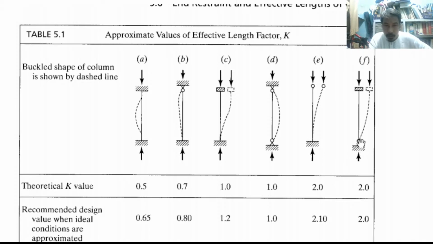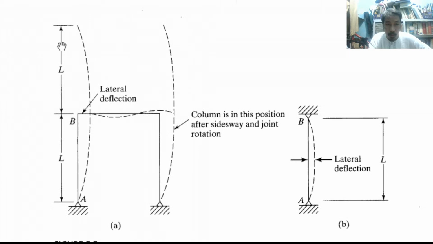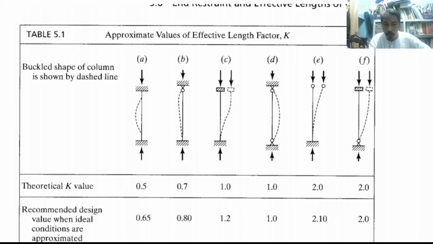One end is pin, the other is fixed but can move, that is also 2. So it looks like a 2, not 1/2. Sorry about that. So 1/2 is like this: from the inflection to that point is 1/4, and from the inflection to that point is 1/4. So 1/4, 1/4, 1/2.